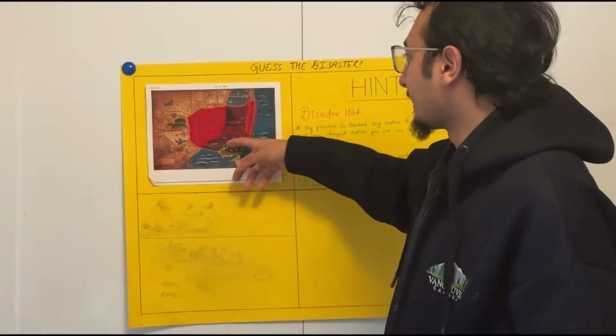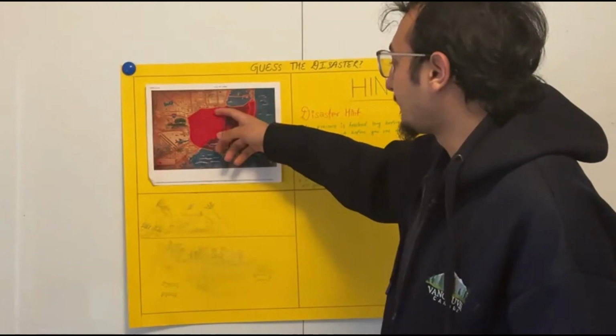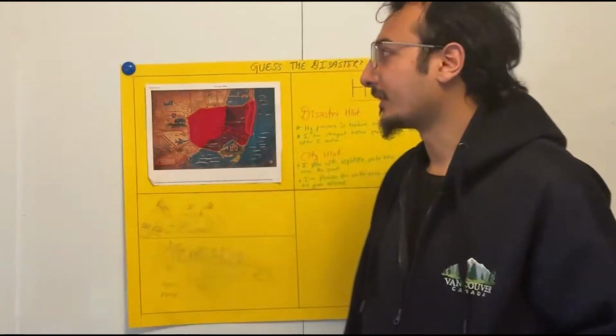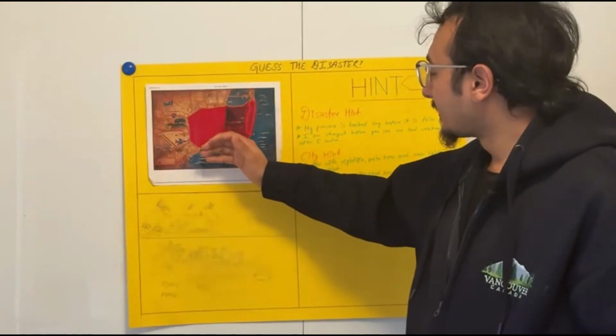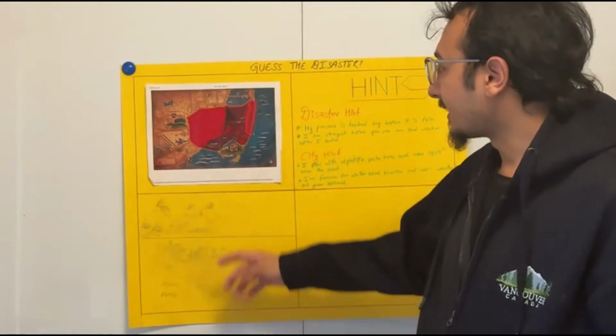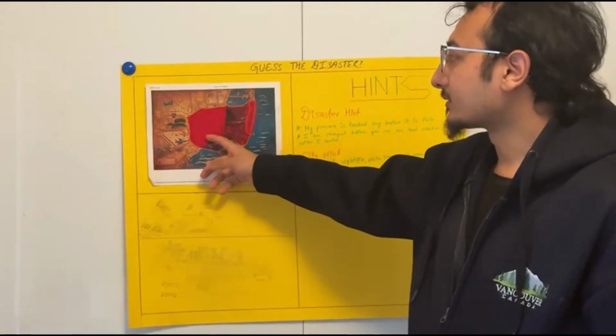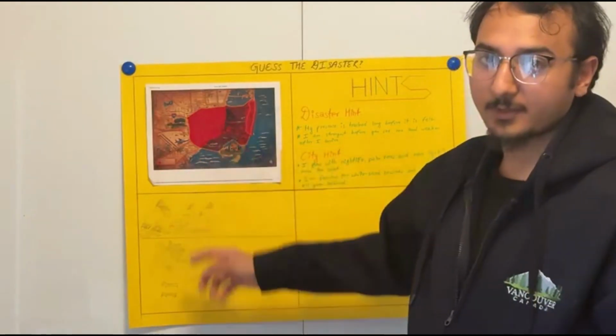You see the beach area around here. Once the hurricane came, it took over all the beaches and went all the way towards the downtown area of Miami.